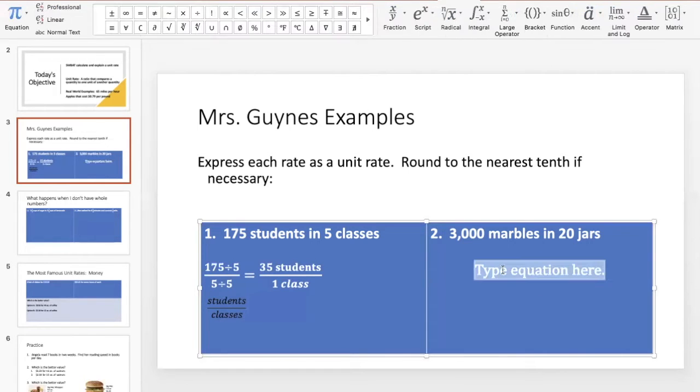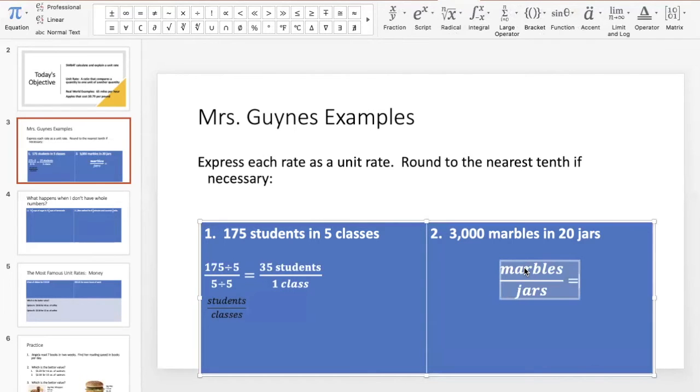The first thing I'm going to do is create my key. It's 3,000 marbles in 20 jars. So I'm going to write marbles over jars. Then I have 3,000 over 20. Now to get a denominator of 1, I have to divide 20 by 20 and 3,000 by 20.